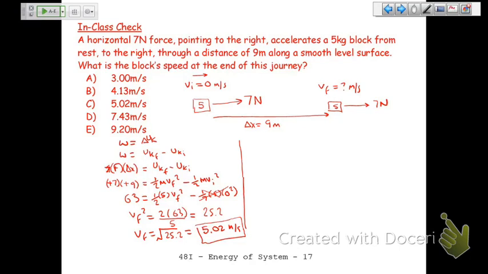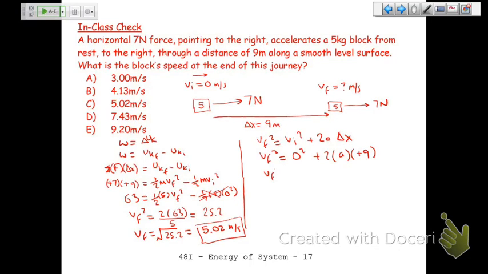Could I have done it using F equals ma? Yes. Let's just prove that. So I can say, well, let's have a look. Vf squared equals Vi squared plus 2a delta x. So Vf squared equals 0 squared plus 2 times a times plus 9.